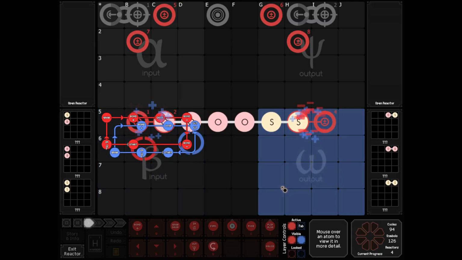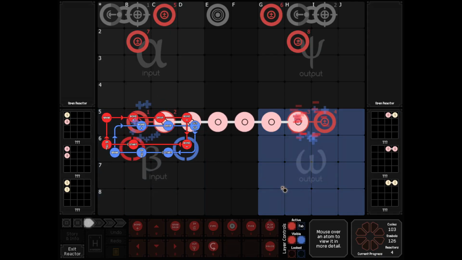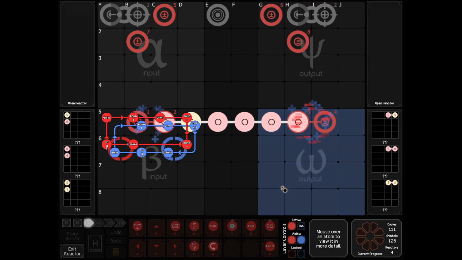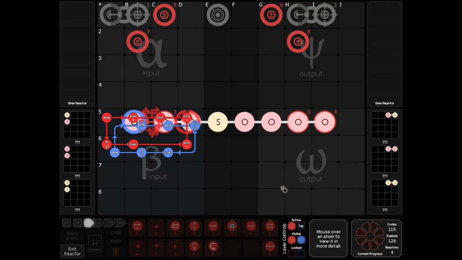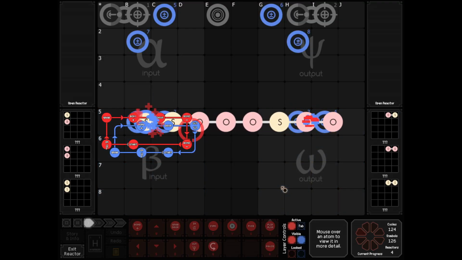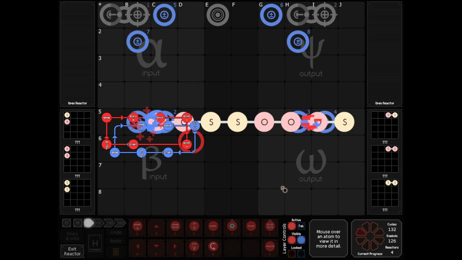So the second reactor just builds a long stick out of these inputs. Observe that even though we have the initial fusion done already, the atoms are in a bad spot. It would be difficult to handle them outright.